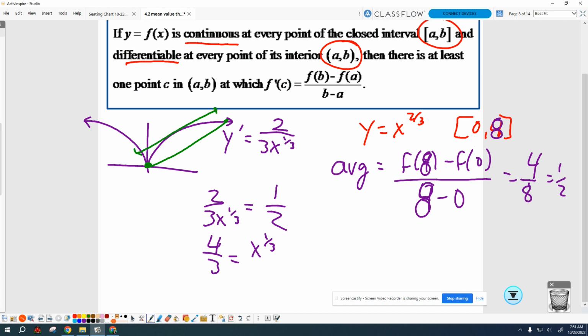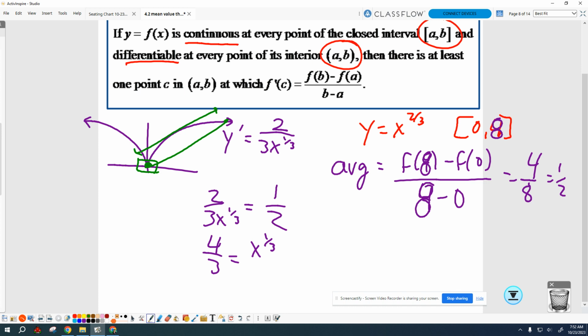So if it's continuous and differentiable, the average is this green line, and the instant is that tangent line. And I chose this specific example to show you at 0, it's closed, like the function's defined there, but the derivative is not, and that doesn't matter, it still holds.